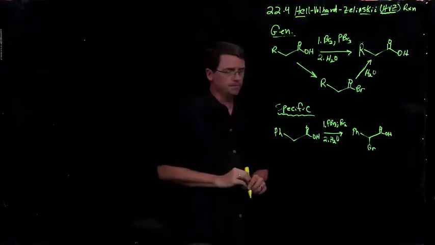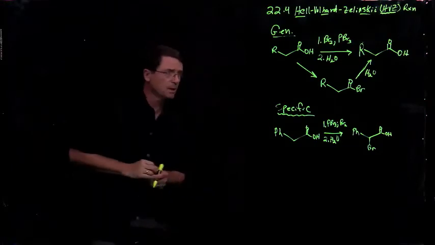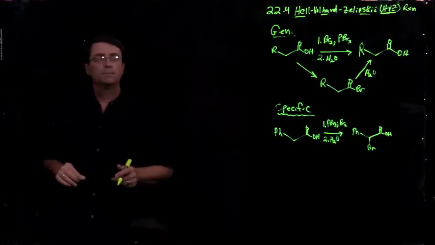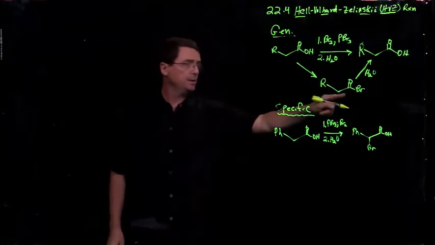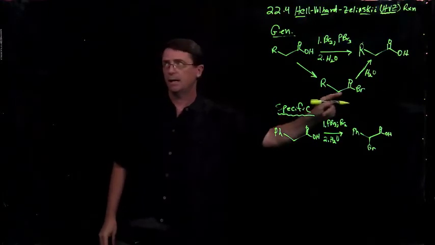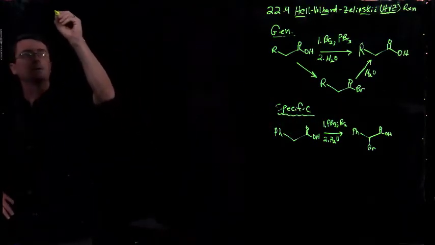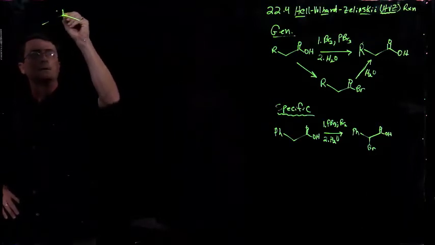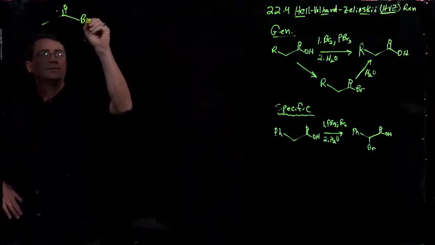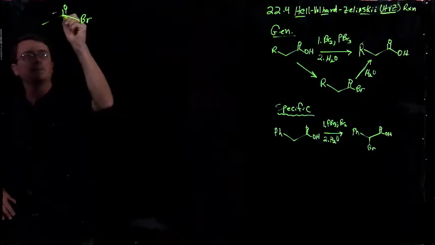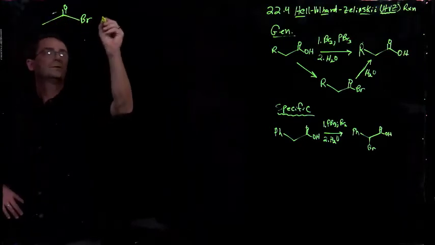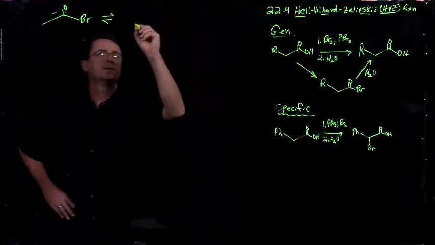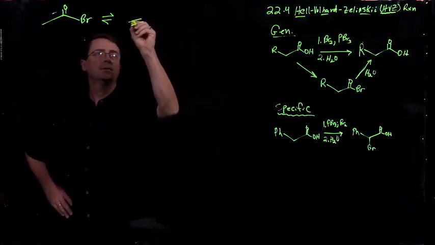All right, so now how does this work mechanistically? We've already discussed the formation of the acid halide, and of course, let me just take a simple one here. Once we've formed the acid halide, this is in equilibrium with its enol form.